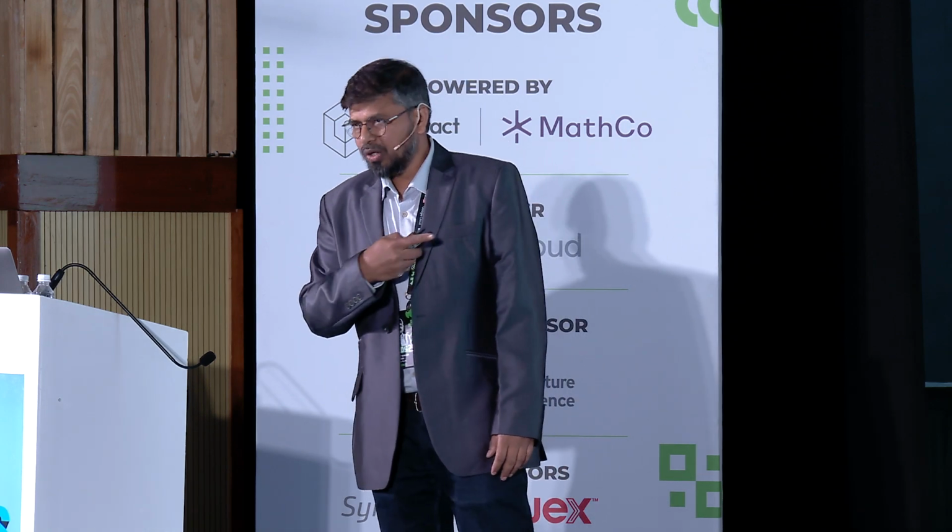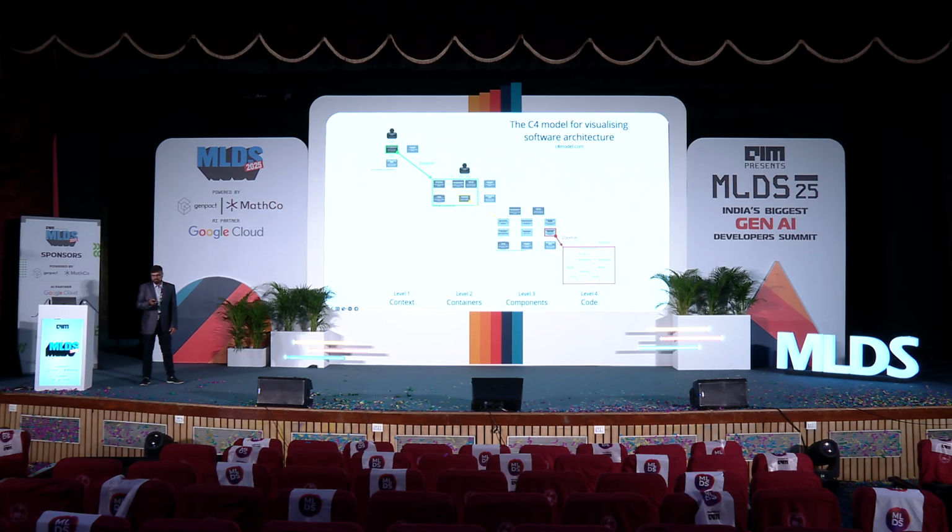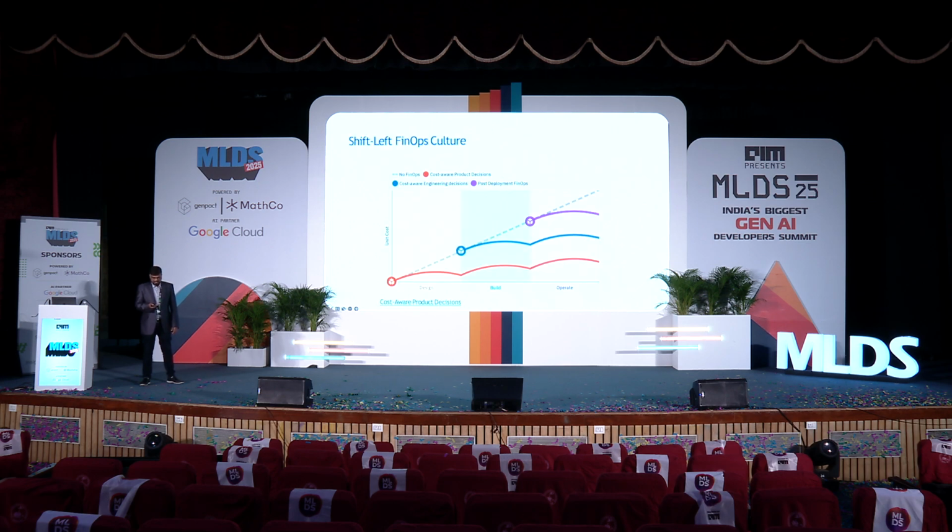And the C4 model, one example of which I'm sharing, will be very helpful in your solution design. And last but not least, early in your process, please include a shift-left FinOps culture, which will help you make cost-aware engineering decisions. This is very, very important. I'm sharing the document, please have a look at it.